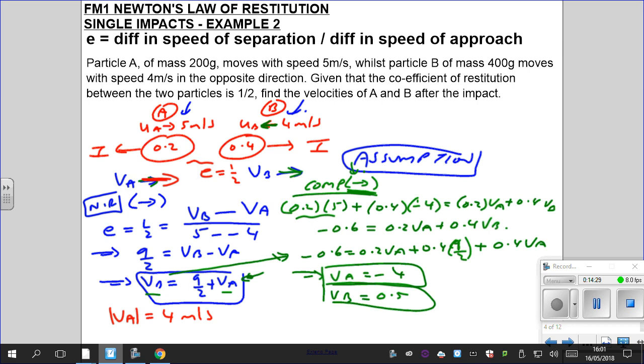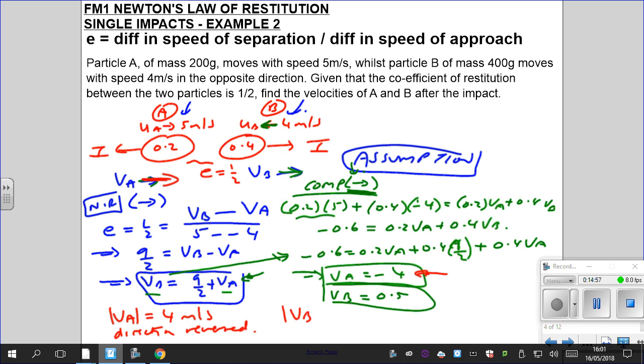It must be going left. But the examiner doesn't know what left or right means. You need to say relative to its starting direction. I assumed it was going to go right, which means the direction would be unchanged. But I'm wrong. This is a negative answer, so it must be 4 meters per second in the opposite direction. So direction reversed. Okay?